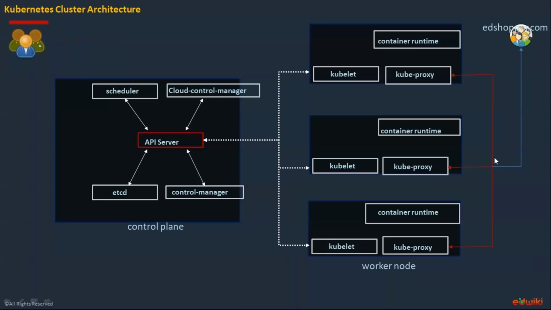So all you need to do is, as a Kubernetes administrator, you use the Kubernetes commands like kubectl. Kubectl is the command that you are going to use here to interact with the API server.